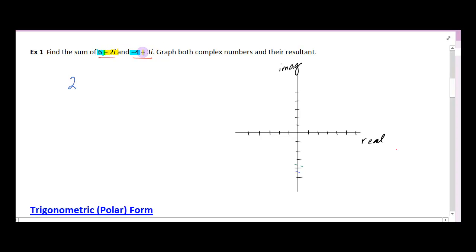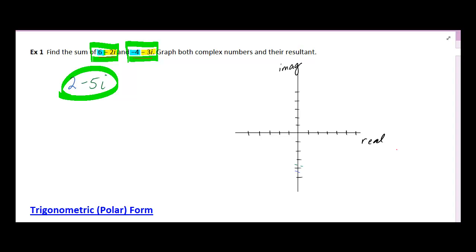So -2i minus 3i gives me -5i. So I have now the resulting complex number that I'm going to graph, as well as the two original complex numbers.